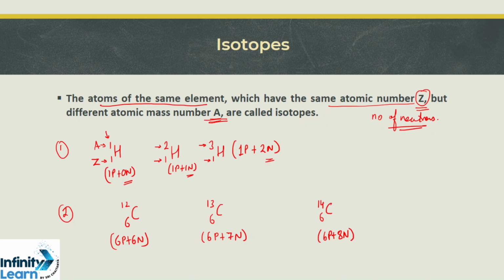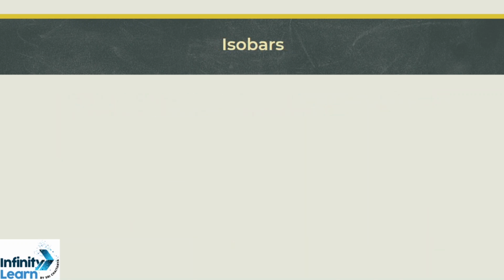So once again, as we can see, the number of protons is the same, that is, Z is the same, but the number of neutrons is changing, which makes A also different for all of them. But please note, the number of electrons is still the same, so the chemical nature does not change and the elements are carbon only.